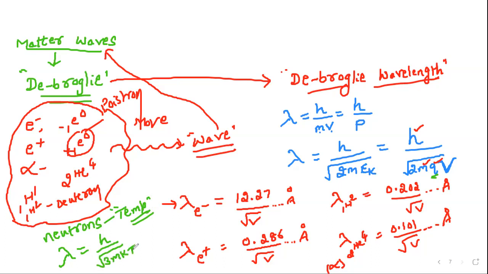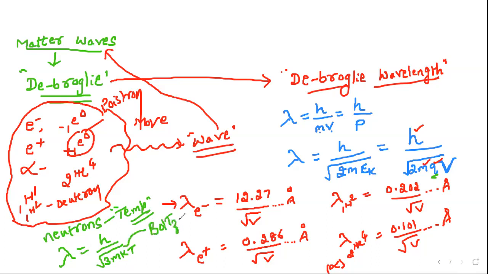Remember, this is the de Broglie wavelength for the thermal neutrons, where m represents the mass.